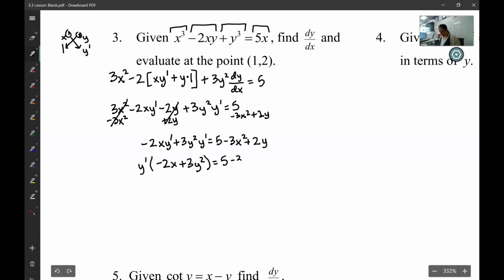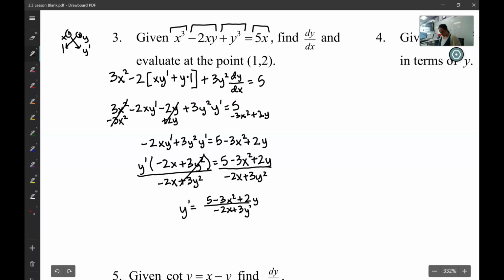And then you can divide by everything but your y prime. And then your y prime is by itself. I got y' equals 5 minus 3x squared plus 2y all over negative 2x plus 3y squared.